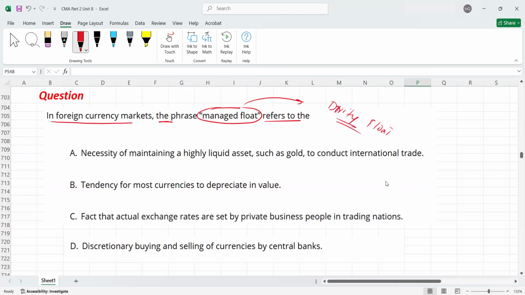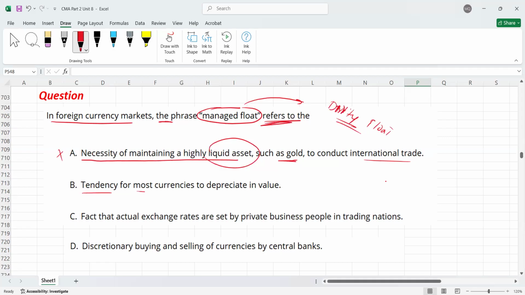So they're saying that in foreign currency markets, the phrase managed float refers to what? Refers to the necessity of maintaining a highly liquid asset. No, it's not about liquid assets like gold, or conducting international trade. No, it's only about the exchange rate, the price of two currencies. It's not about liquid assets, so it's incorrect. Again, managed float refers to what?